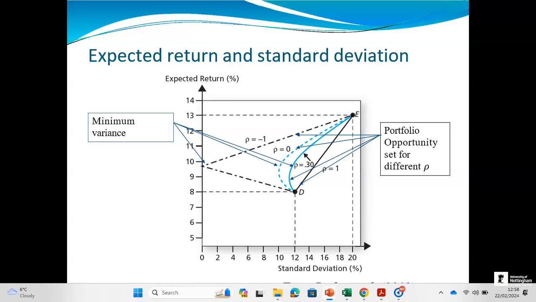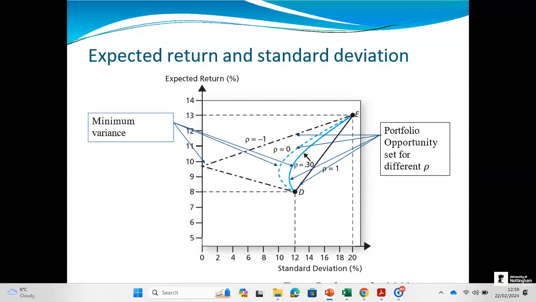So if you put everything in stock D, what would be the expected return? What is the expected return of stock D? It was 8%, right? Okay. So if you put everything in stock D, you are at this point D here. Your expected return is 8%, and the risk of stock D is 12%.